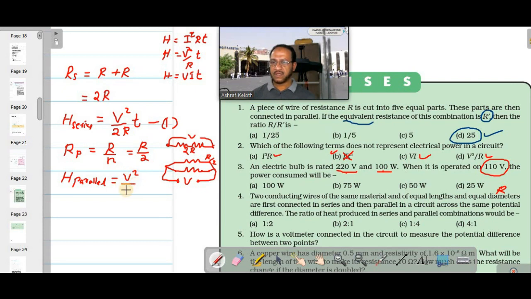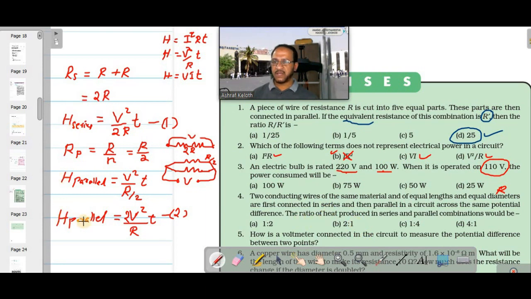So we can apply the equation V square, V is same, by R. R is how much? R by 2, into T. That is heat produced in parallel combination is equal to, this 2 will come to numerator, 2V square divided by R into T. This will be equation number 2.